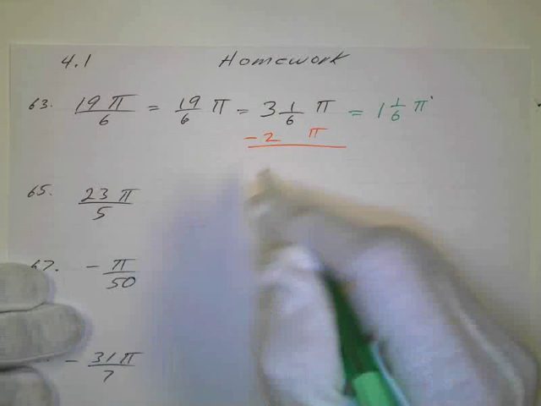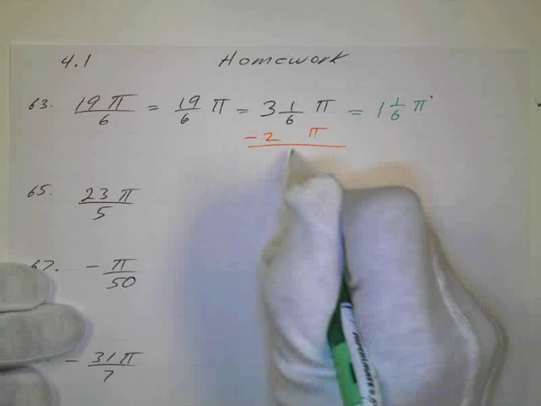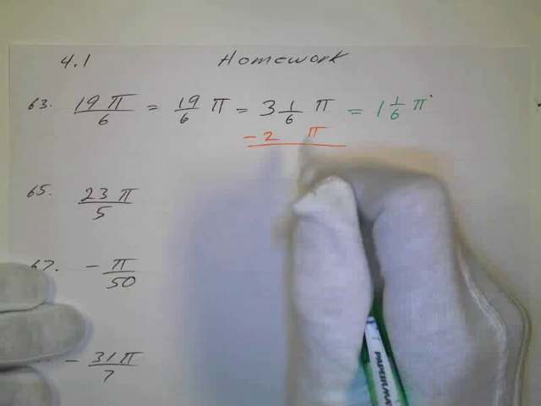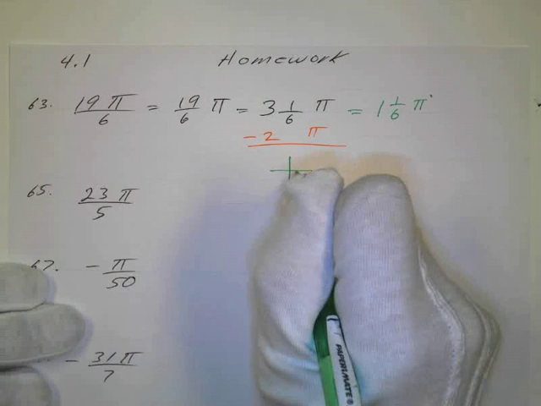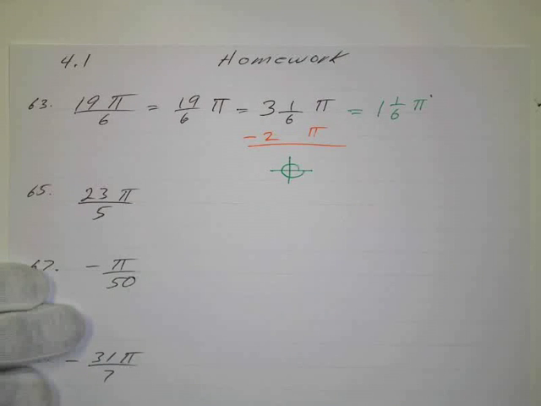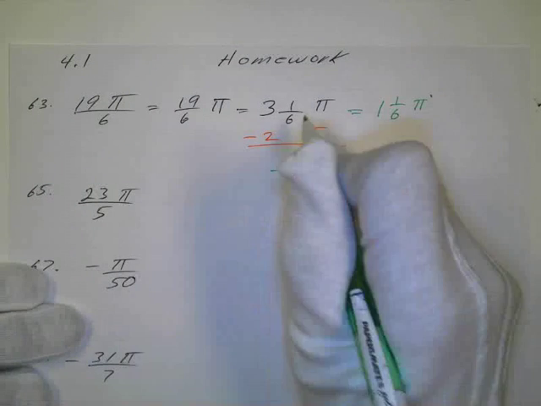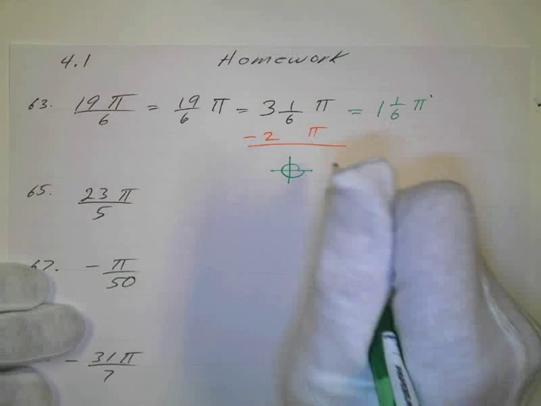In other words, I go all the way around the circle, that's 2 pi, and then I go another 1 and 1/6 pi. I'll draw just a little so you can see what's going on. I go all the way around once, and that's my 2 pi, and then I go around a little bit more, 1 and 1/6 pi.